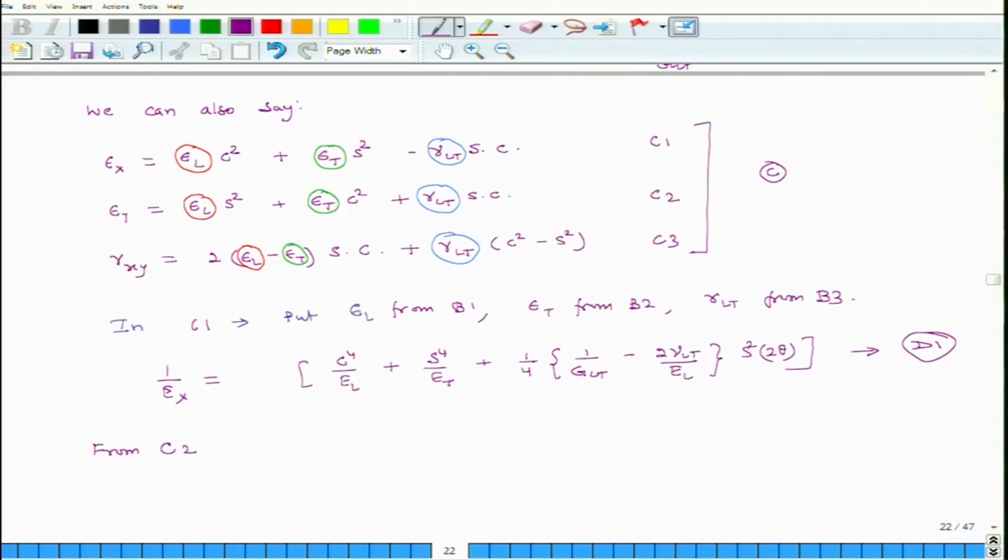Next, from C2, and of course B1, B2, B3, we do the same thing.